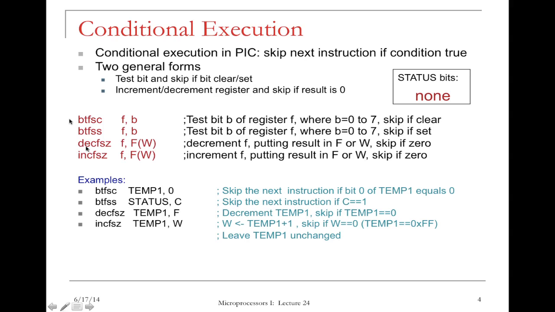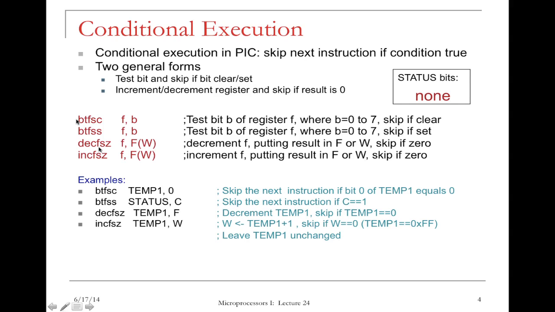Then we have this DECFSZ. That is to say, we're going to decrement. This DEC is decrement. We're going to decrement the register F, and we're going to skip if F becomes a 0. DEC stands for decrement.